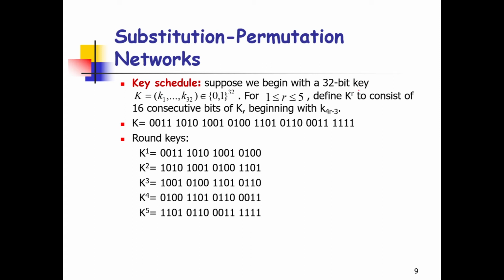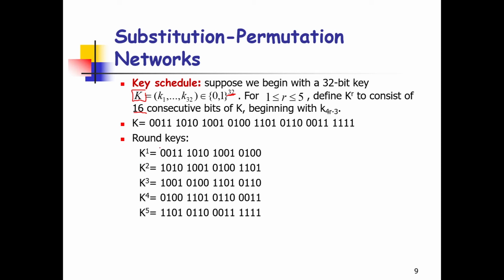In the key scheduling, let's say we have the random key K of 32 bits. Now we will have the keys K1 to K5 of 16 bits. So how can we generate all these K's from this K?